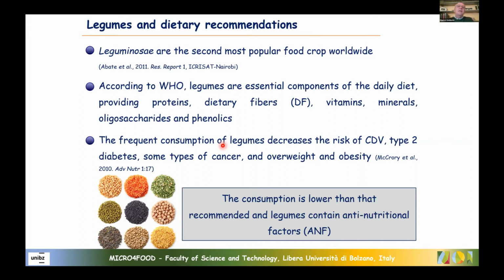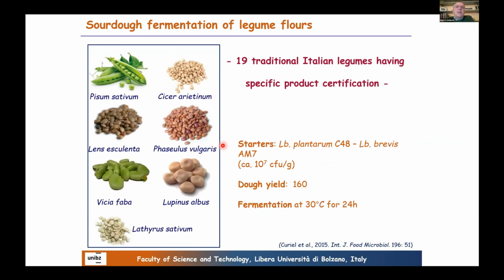Indeed, in Italy we have a lot of legumes. In particular, this is a study dealing with the 19 traditional Italian legumes having a specific certification for their manufacture. And therefore, these are the main species that we use.